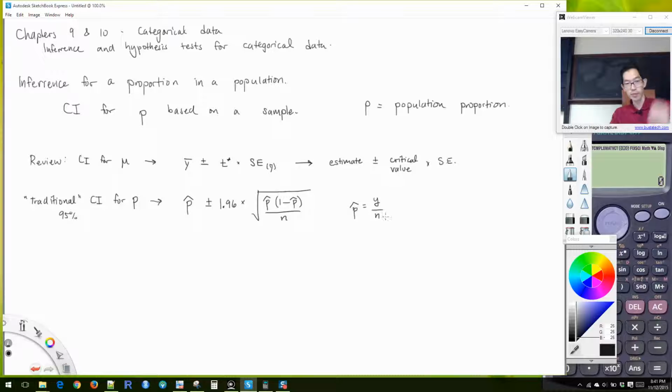Okay? Our book uses p tilde or p squiggle rather than p hat. Okay, and this is the Wilson adjusted proportion.